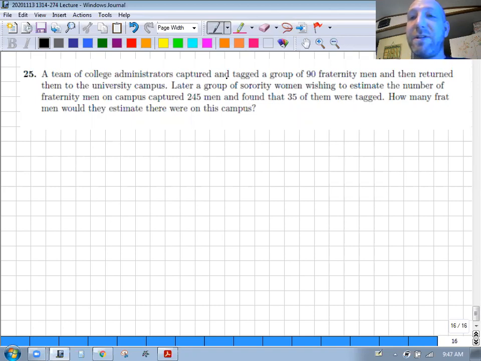Well, let's see. The administrators tagged 90 of them, right? So 90 were tagged out of the total population. And later, they found that 35 of them were tagged out of the 245 that were caught.